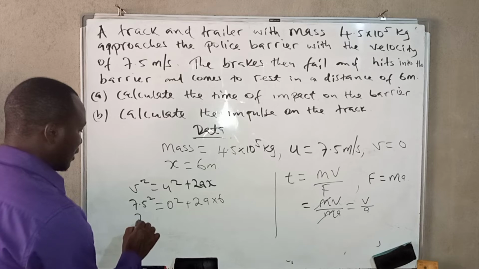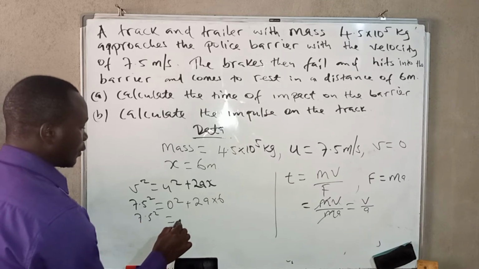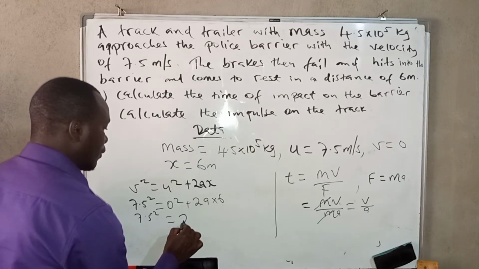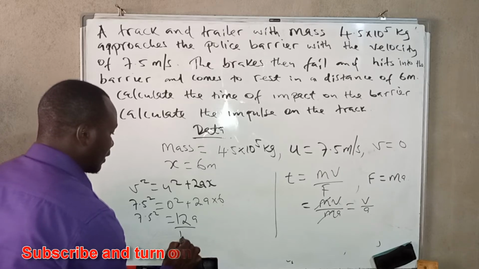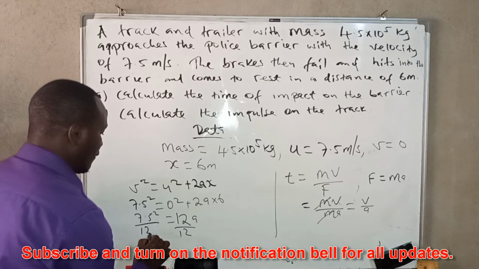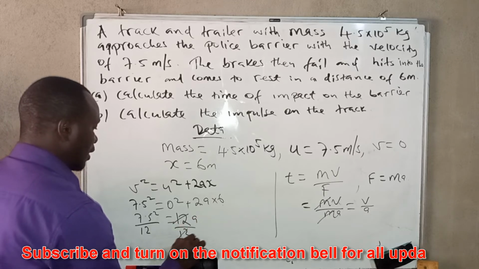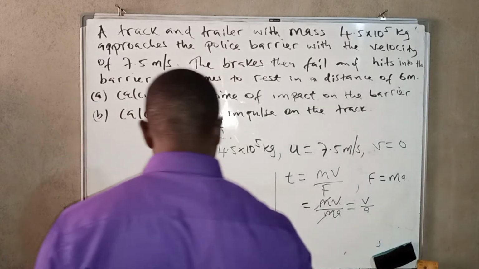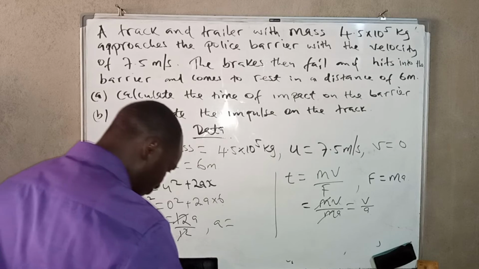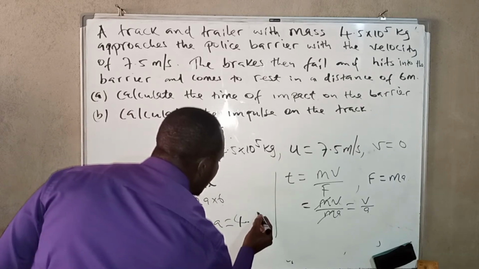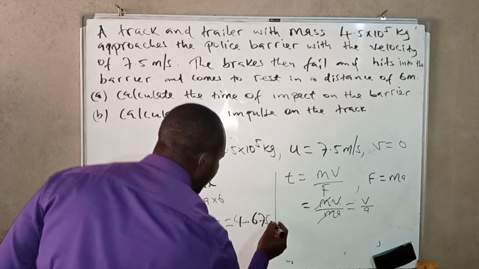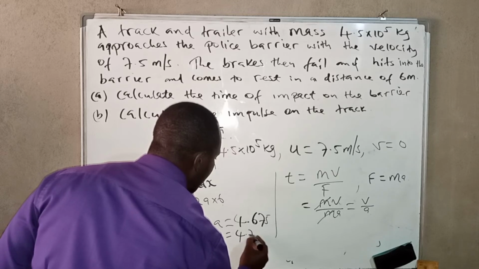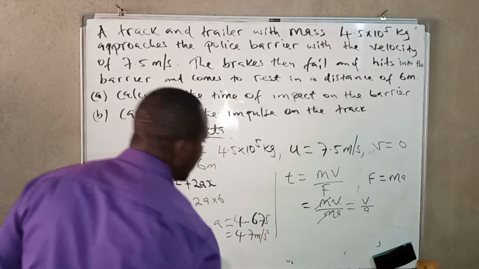So this is going to give us 7.5 squared is equal to 2 times 6, we're going to have 12a. We divide through by 12, and what we're going to have is a is equal to, when we punch on a calculator, 4.675, which can be rounded off to 4.7 meters per second squared.